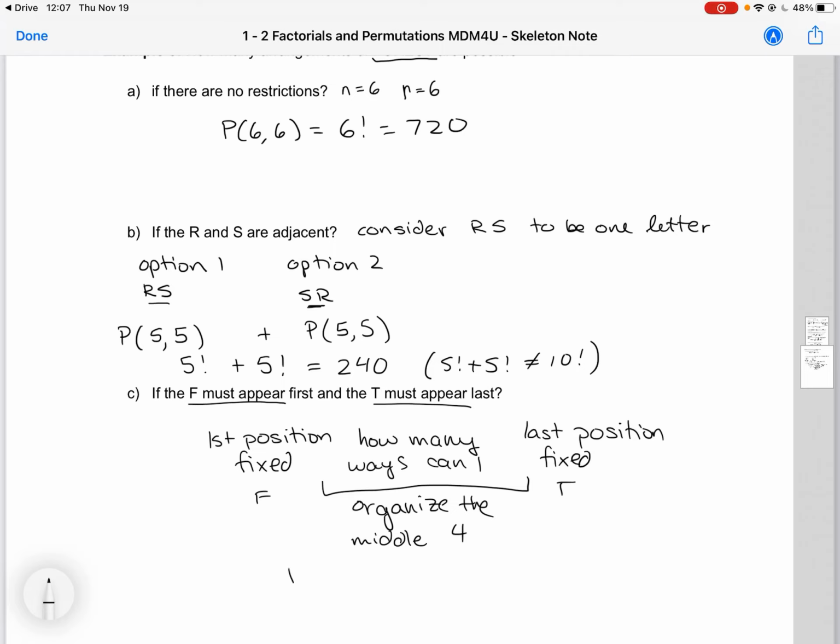What that tells me is that the number of permutations I'm looking for is 4 for N. I've got 4 letters left for 4 different spaces, which gives me 4 factorial, which is 24. So that means there are 24 ways where the F has to appear first and the T must appear last.